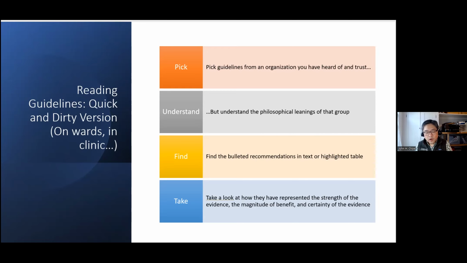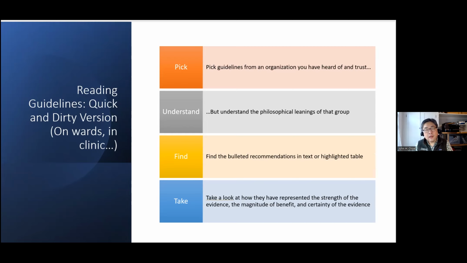And then what I think you should do is oftentimes, again, these are very long, look in the index or whatever, find the bulleted recommendations in the text, use your search function in your browser or whatever, find the bulleted recommendations for that one part that you're looking for, or the table that represents it all.